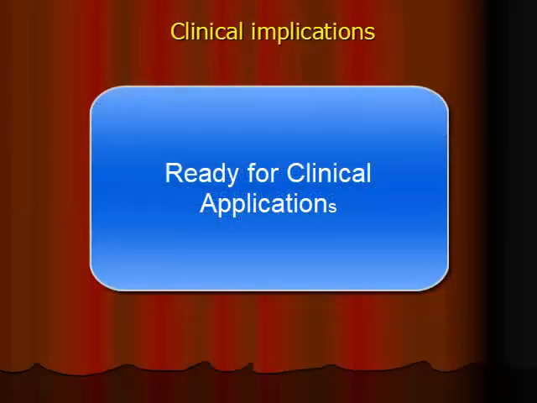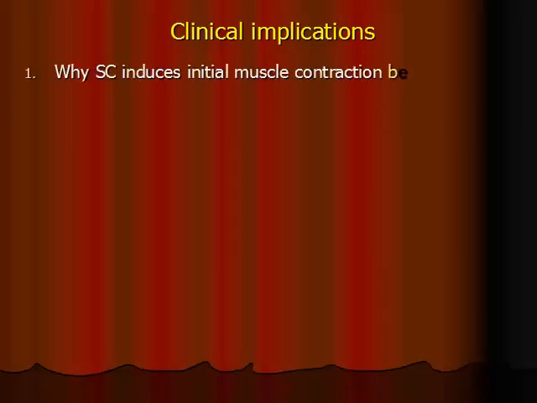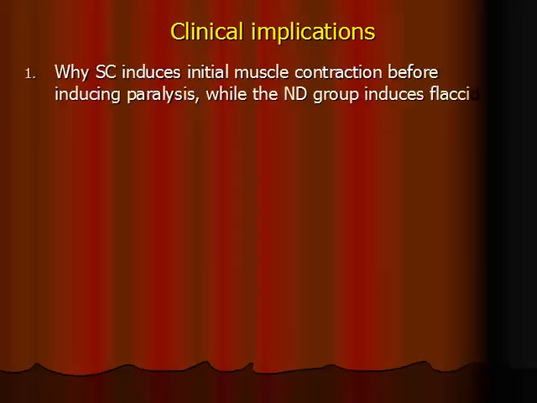The last intended learning outcome is concerned with the clinical implications of the mechanism of action, and the elimination. Why does succinylcholine induce initial muscle contraction before inducing paralysis, while the nondepolarizing group induces flaccid paralysis from the start?